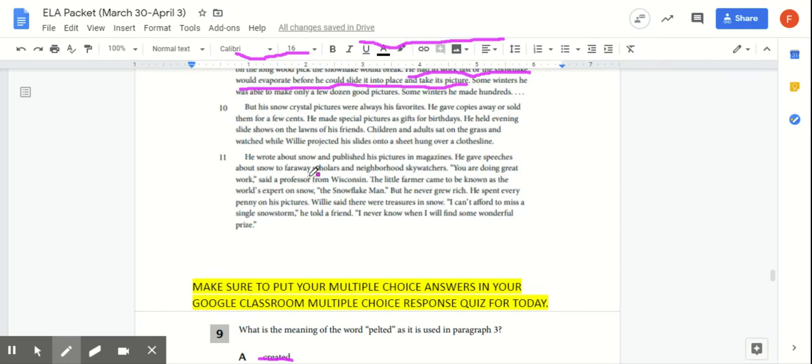The little farmer came to be known as the world's expert on snow, the Snowflake Man, but he never grew rich. He spent every penny on his pictures. Willie said there were treasures in snow. I can't afford to miss a single snowstorm, he told a friend. I never know when I will find some wonderful prize.